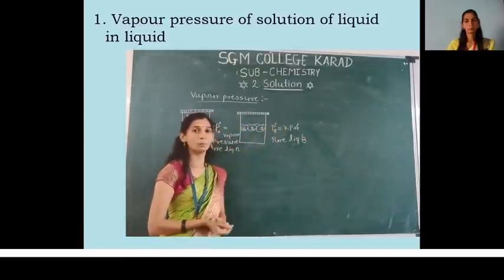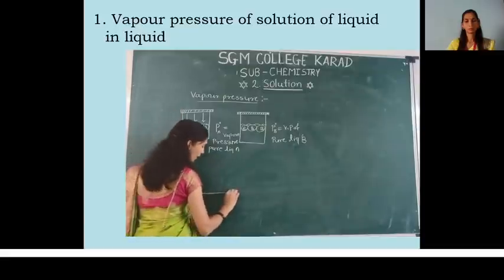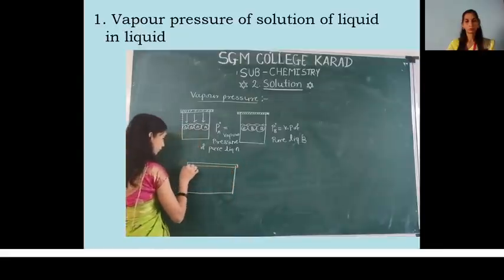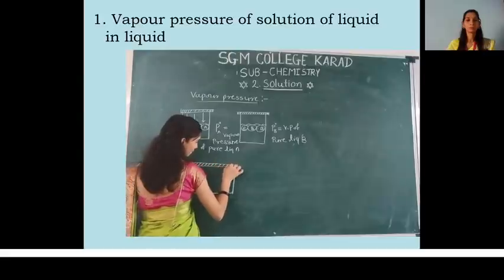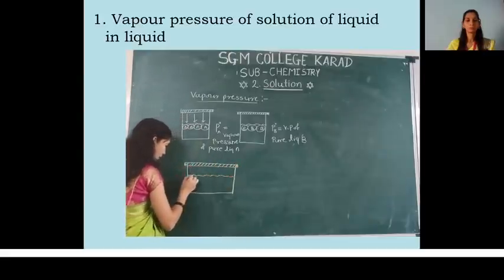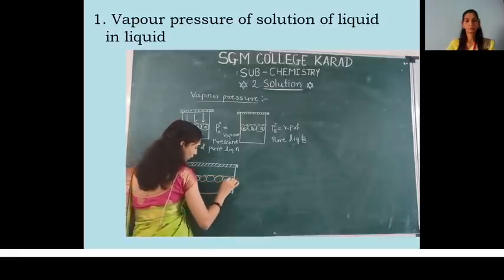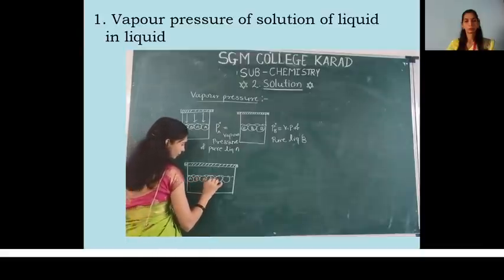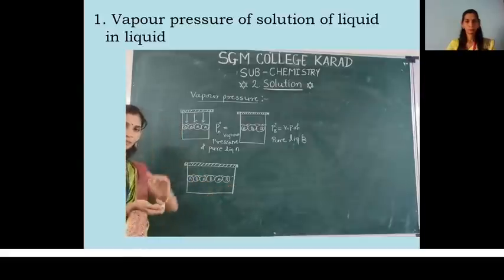Therefore P not B. Now we take a mixture of that. म्हणजे आपल्याला काय घ्यायचंय? सोल्युशन घ्यायचंय A आणि B. It is also taken in a closed container. Both particles A and B are present on the surface. A and B दोन्हीचे पण particles वर असणार आहेत.